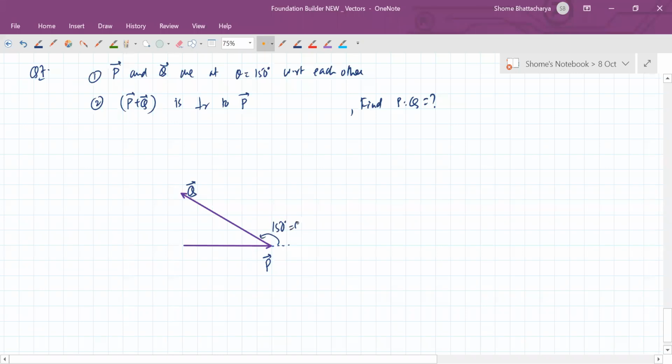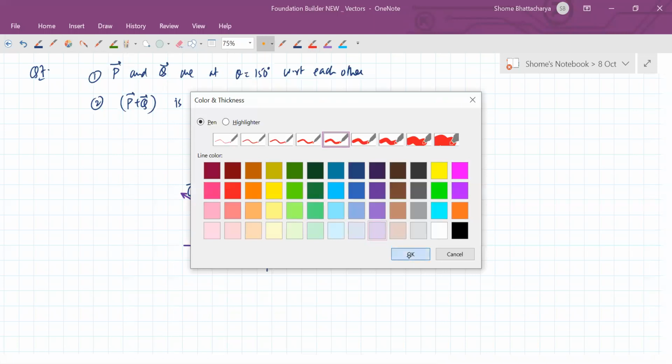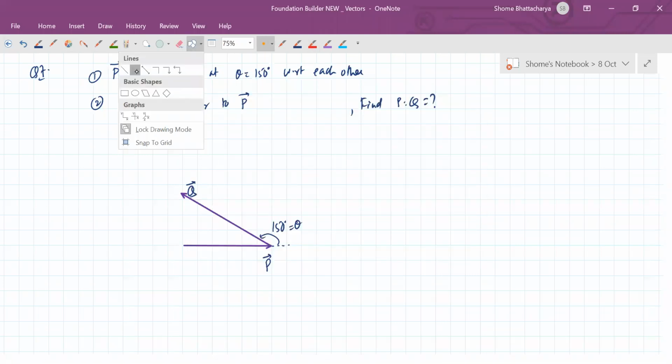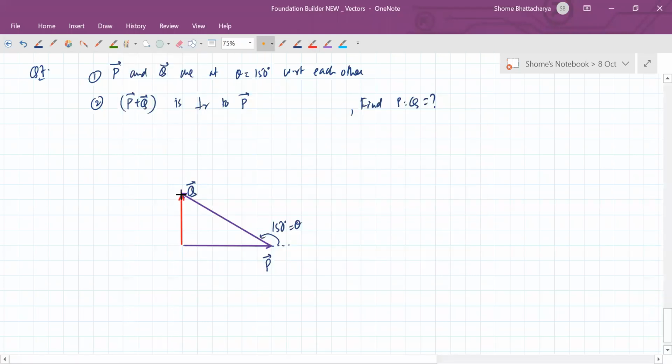Okay, this is the angle between them. And the resultant of P and Q, that would be this vector here. So this resultant vector has to be perpendicular to P. That means this has to be a right angle triangle. It's very easy to solve then.